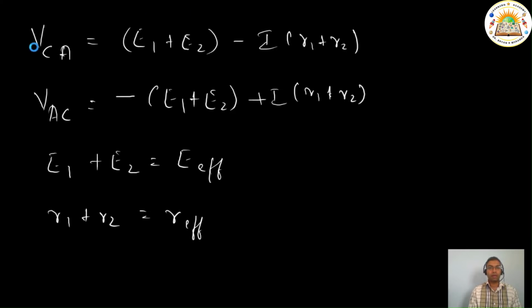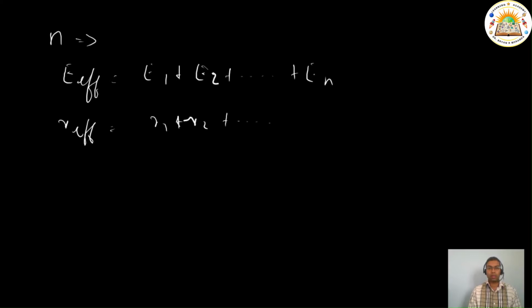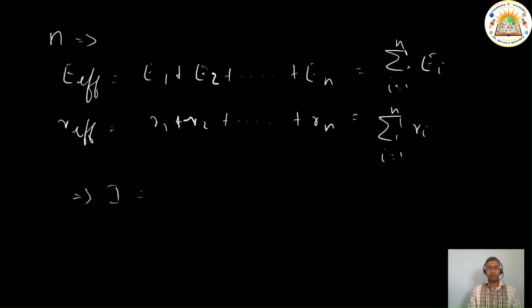So if I have N cells that are there, then E effective is going to be nothing but E1 plus E2 plus etc. up till En, and R effective is going to be R1 plus R2 plus etc. plus Rn. Now this I can write as summation Ei, i going from 1 to N. Similarly summation Ri, i going from 1 to N. So that means the current that is there, we had it as E by R plus r, which is going to be in terms of sigma now.